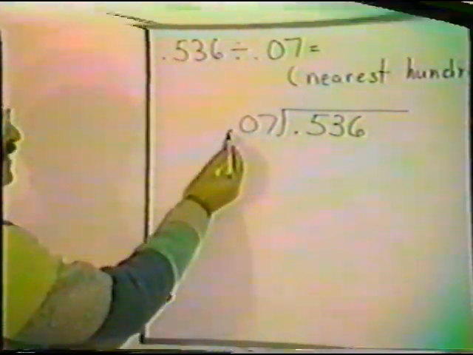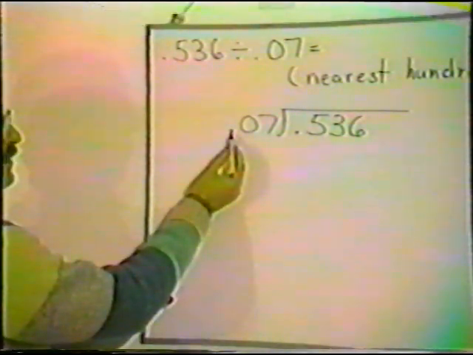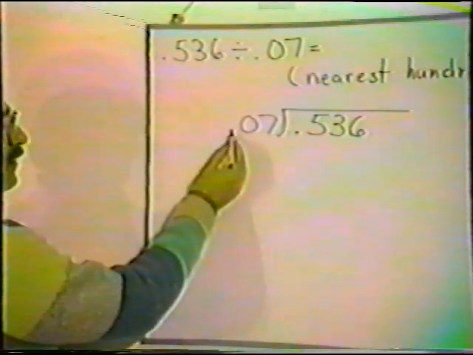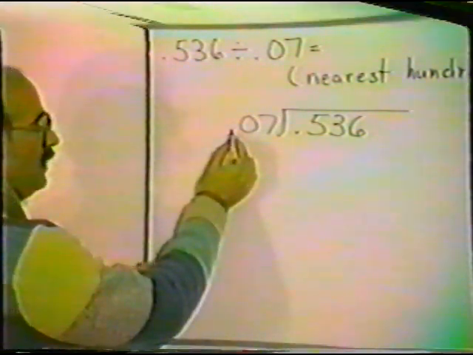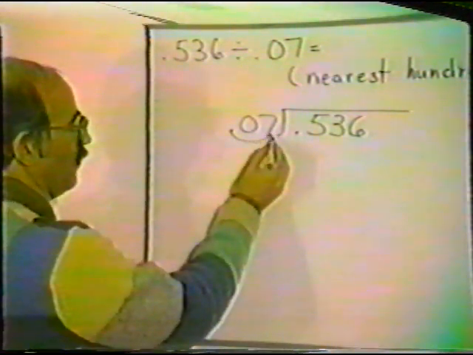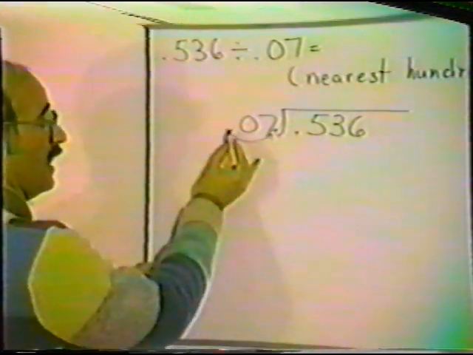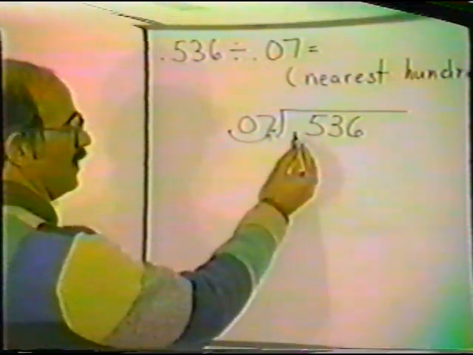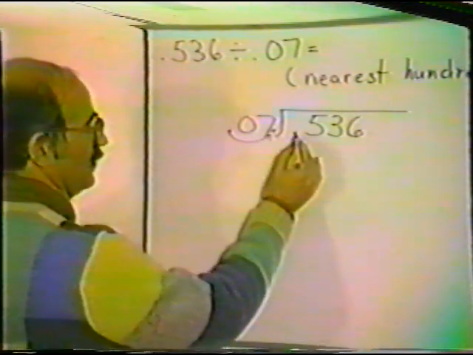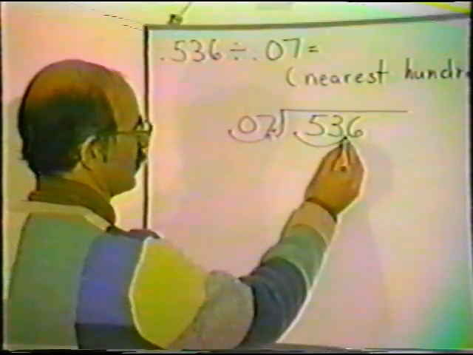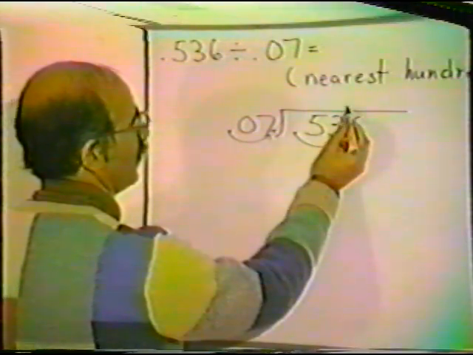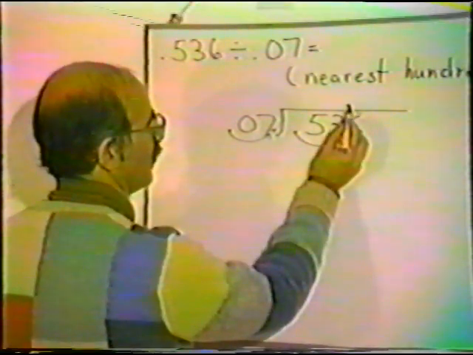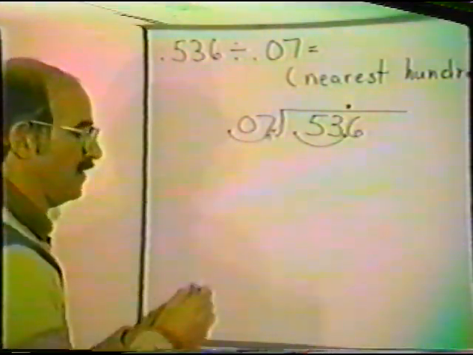What do I have to do with this decimal point? Move it 2 places to the right. Yes, so that it's all the way at the end. And if this one goes 2 places to the right, what do I do to this one? The same thing. 2 places to the right, and then I put my decimal point in the answer.